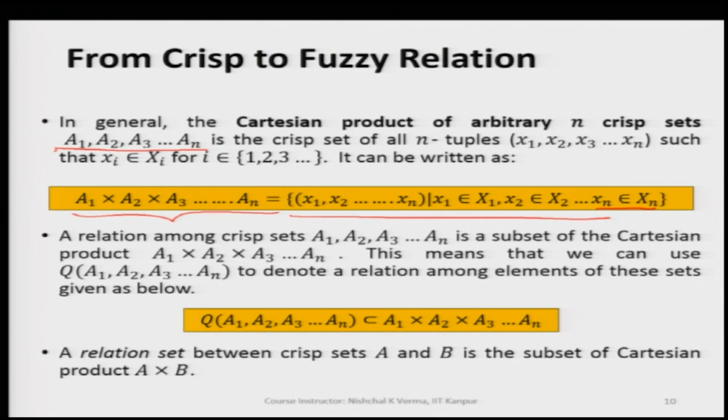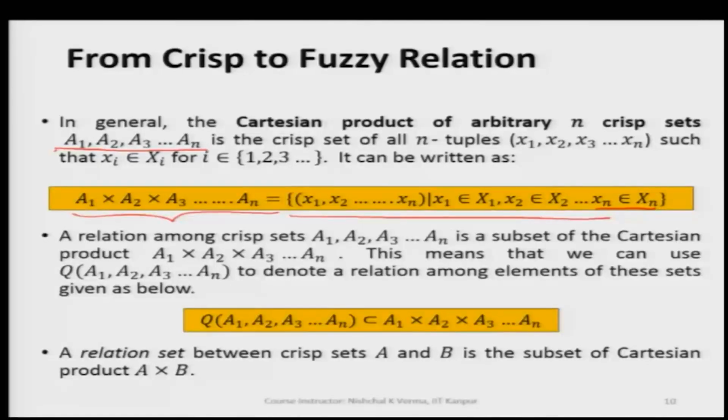Please understand here that these n tuples will belong to the universe of discourse, capital X1 cross capital X2 cross capital X3 and so on cross capital Xn. So, the Cartesian product is nothing but the ordered n tuples in the case of the Cartesian product of n crisp sets.